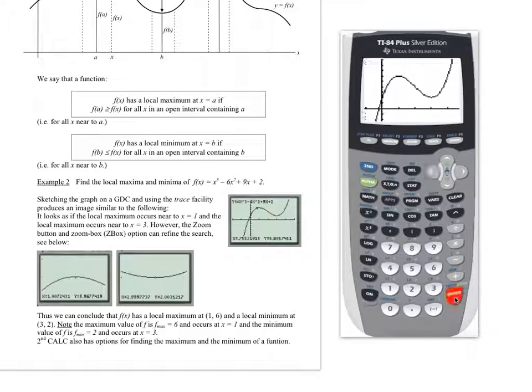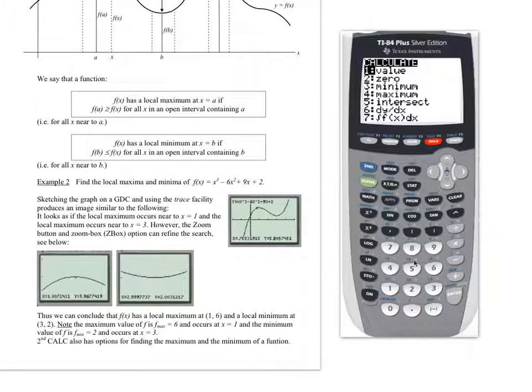It doesn't have to be exact. Press enter. And it gives you pretty close, very, very close to the maximum. It's a tiny little arithmetic error from the calculator, but really you can see now that the maximum is at 1, 6.